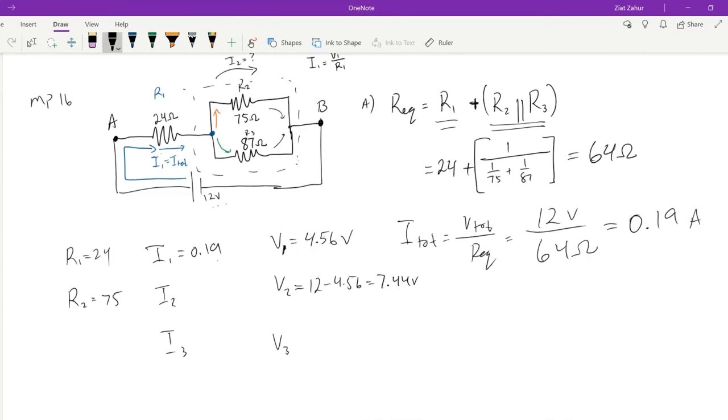So V2 is 7.44, the leftover voltage. Then I2 must be V2 over R2, and that's 7.44 divided by 75, which is 0.099 amps.